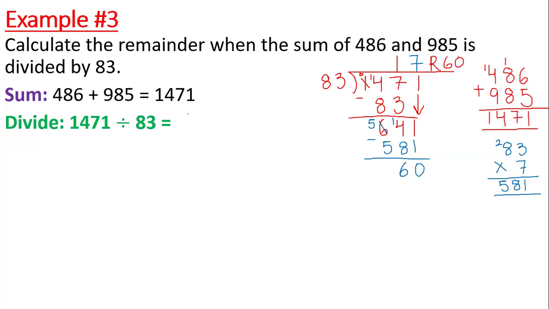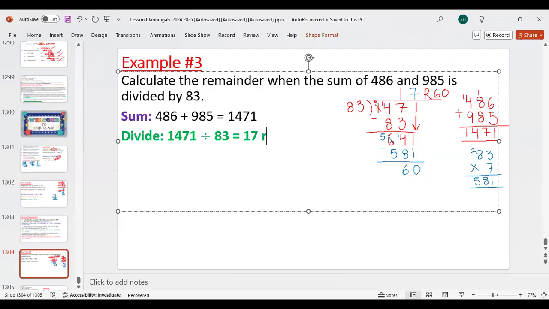Yeah, 60 is the remainder. So the answer here, when we divide it, is 17, remainder 60. So the remainder here is 60. Does that make sense to y'all?